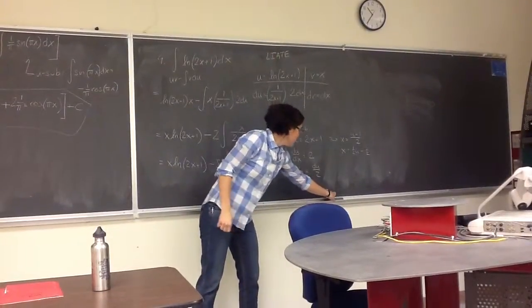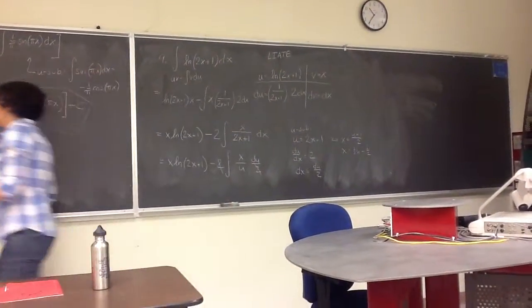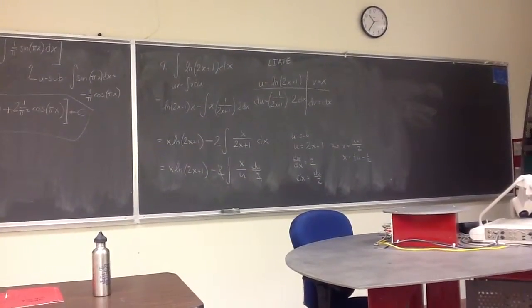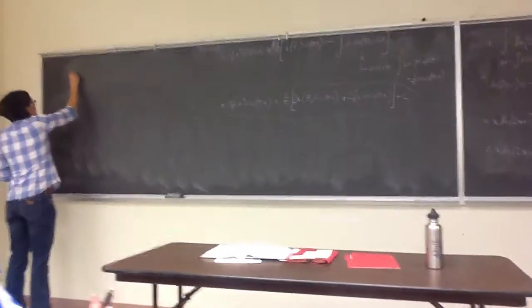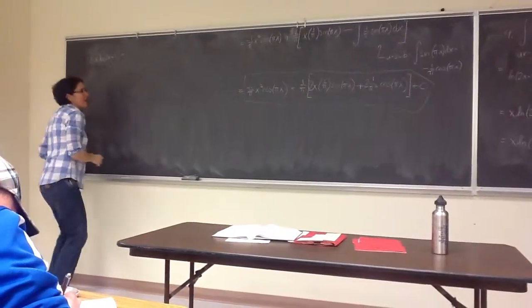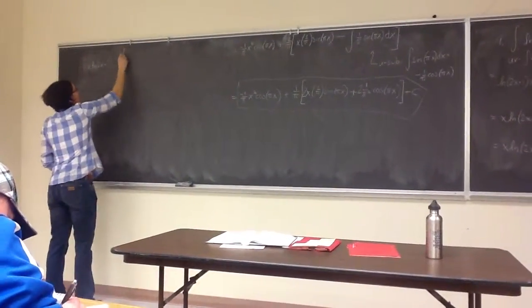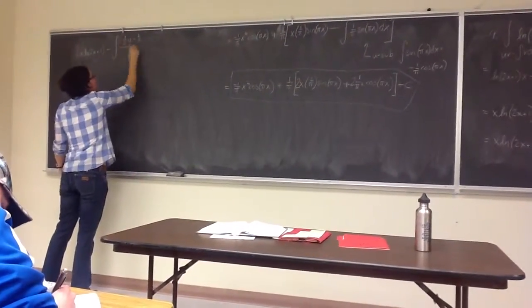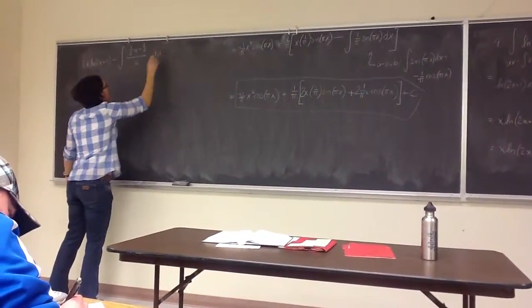Okay, so this seems like something we could work with here. So we've got x times the natural log of 2x plus 1 minus the integral of 1/2 u minus 1/2 over u du.